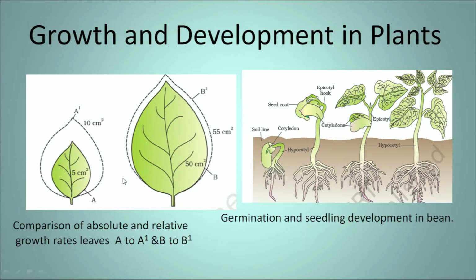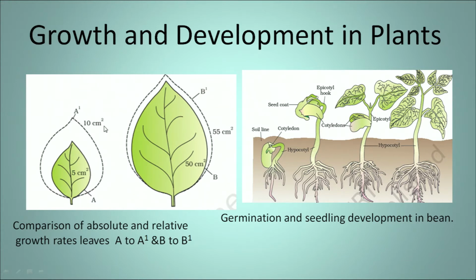Now in this particular slide, you will see growth can be measured. On the left hand side of the figure, you will see there is a leaf which is smaller in size, marked as A, and you can see the leaf on the right side which is marked as B. Both the leaves over a period of time have increased in their area, and you can see the demarcations as A1 and B1, which means both the leaves have grown in area.